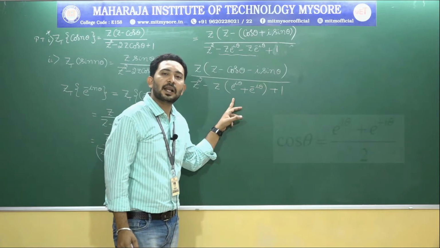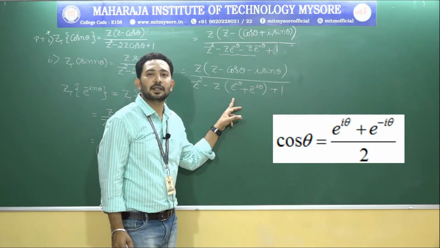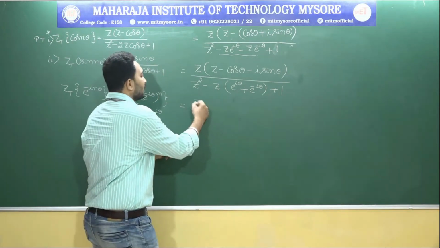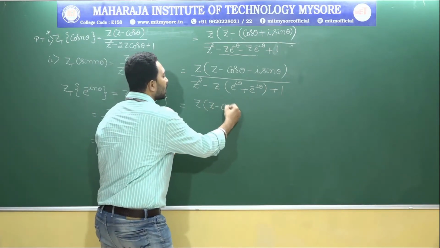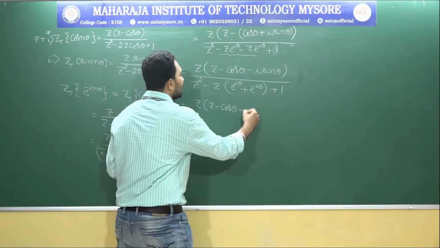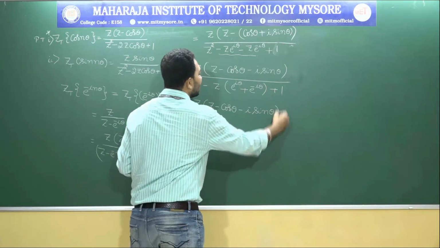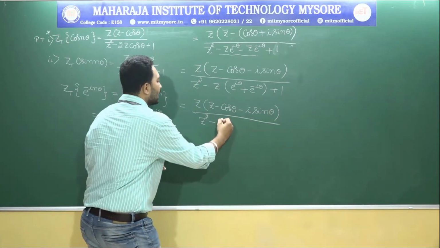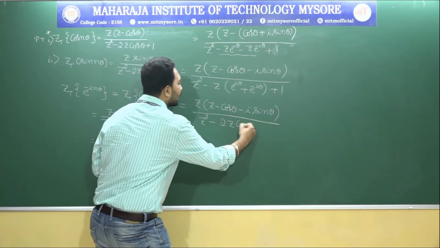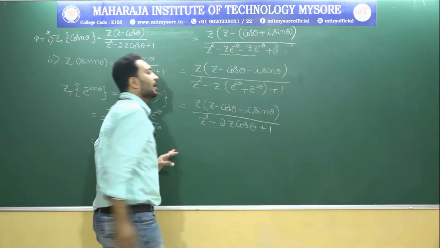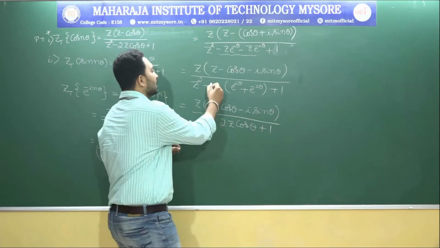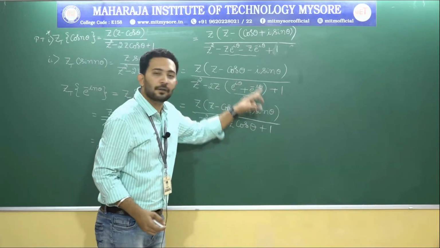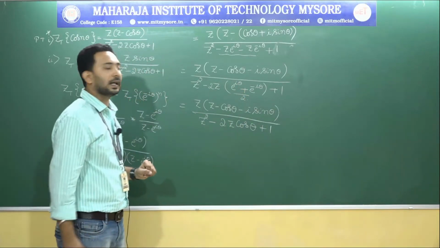E power i theta plus e power minus i theta means 2 cos theta. So we get z into z minus cos theta minus i sin theta divided by z square minus 2z cos theta plus 1. This is the formula for cos theta.